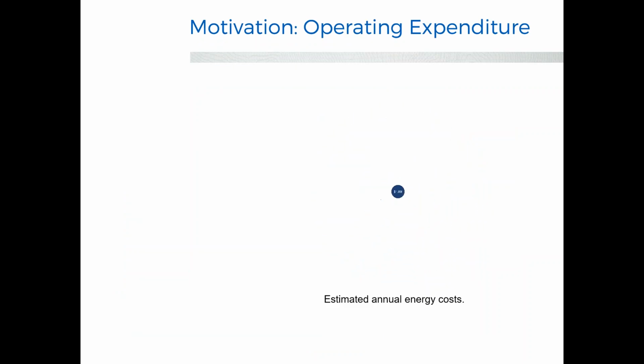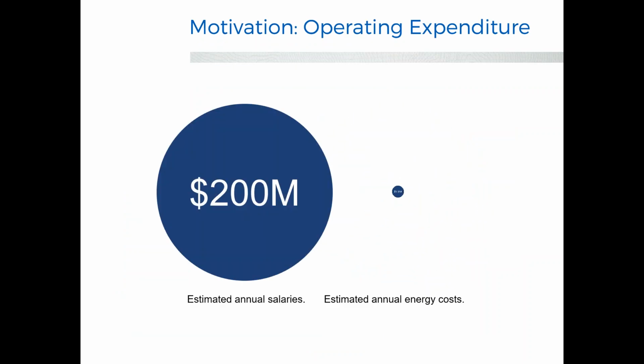And then when it comes to the operating expenditure of buildings, people are often really focused on energy, and I understand. It's very important with respect to climate change, and you also have a more tangible return on investment.